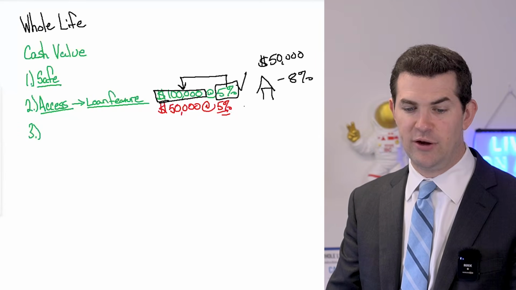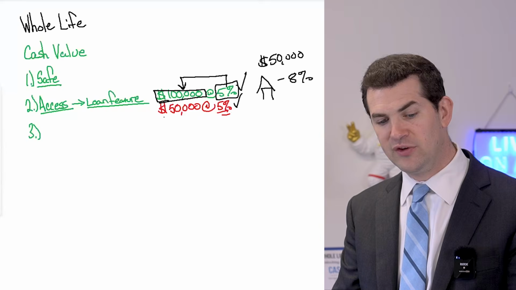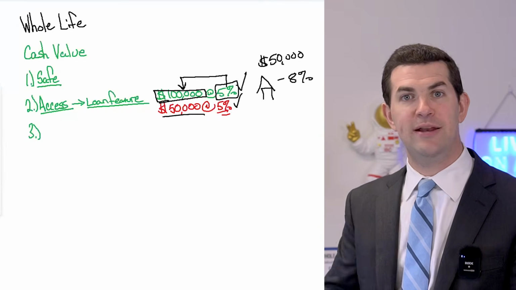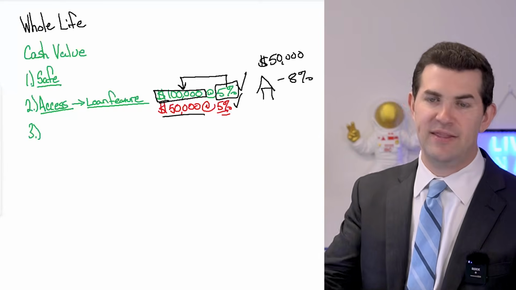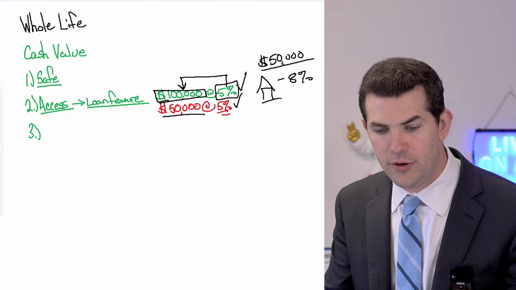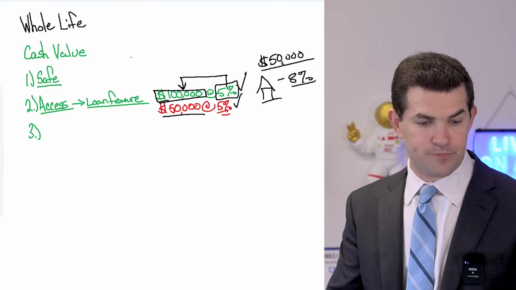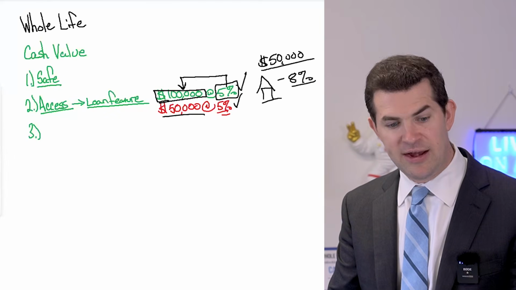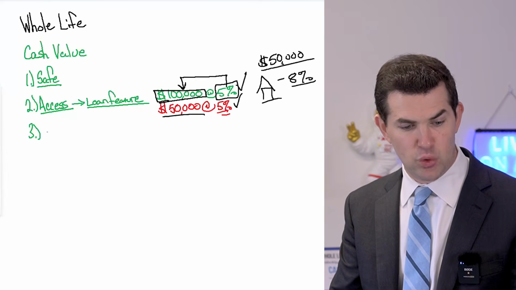I get 5% here. I pay 5% on some of my money, but if the interest I'm earning on my entire cash value exceeds that, that's where people are interested in it, and then I can leverage that as a tool to earn a return elsewhere. So the second core benefit, I can access it anytime, and the loan feature is appealing to a lot of people.